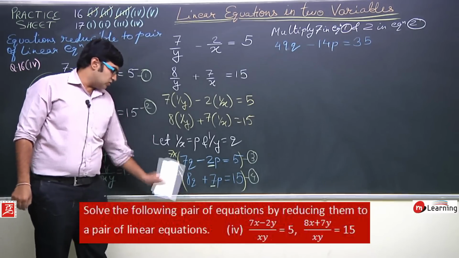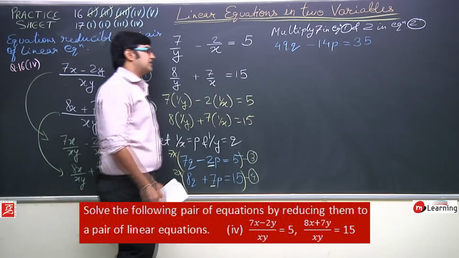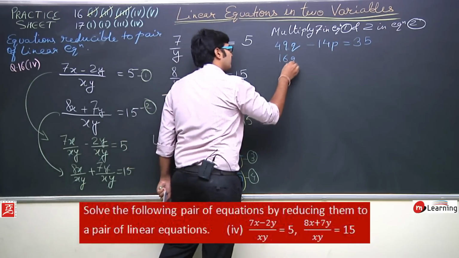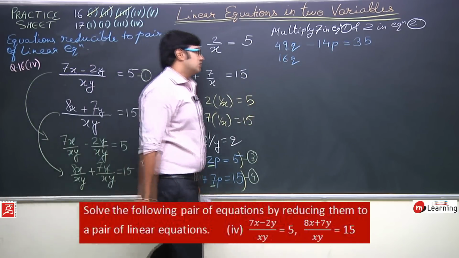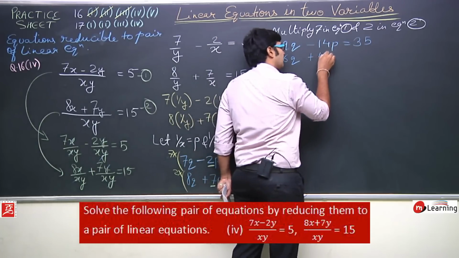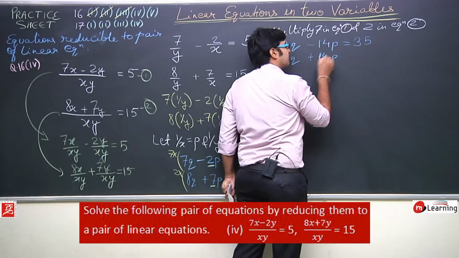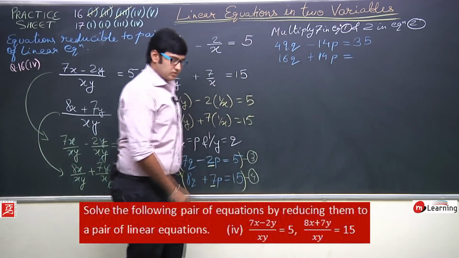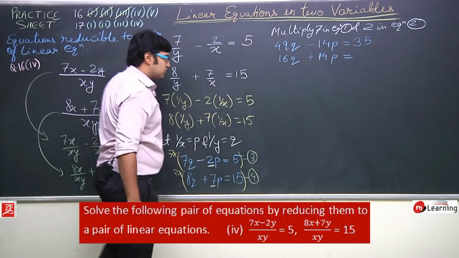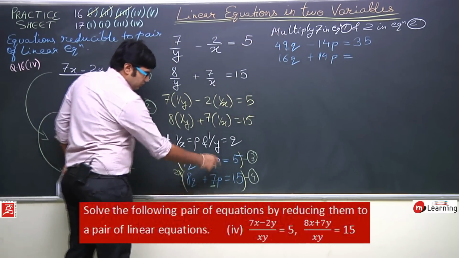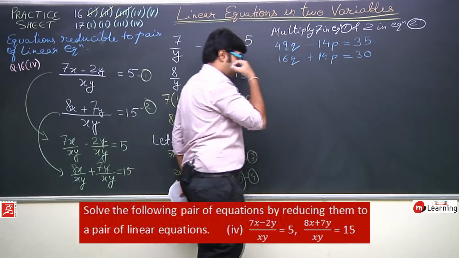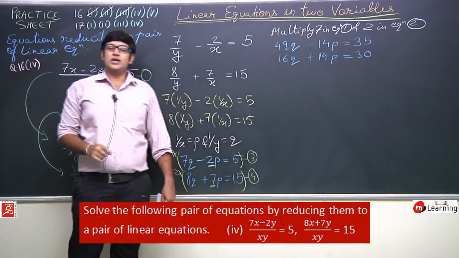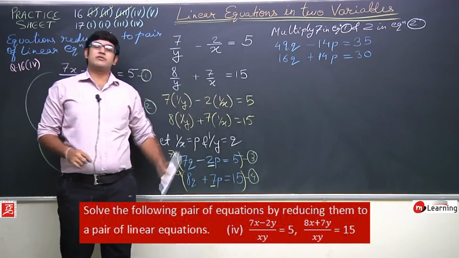Then 2 into 8 is 16, so 16q, then 2 into 7 is again 14, so plus 14p equals 2 into 15. 2 into 15 is 30, so this will give you 30. Okay, so we have got these two equations.